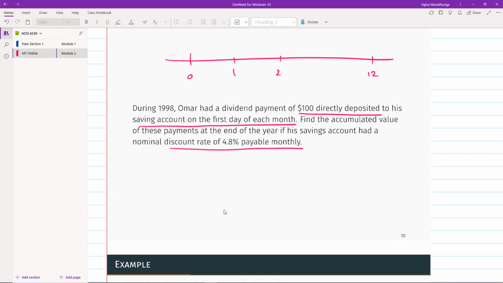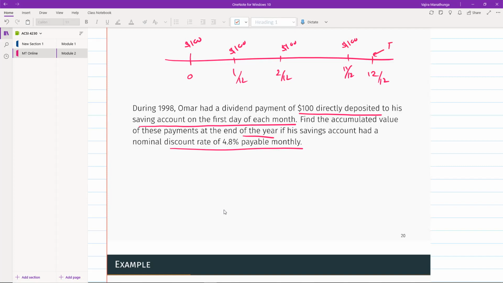This is basically months. If you really want, I can write 1 over 12, 2 over 12. At the beginning of the month, $100, and then the last one would be here. Find the accumulated value of this at the end of the year.